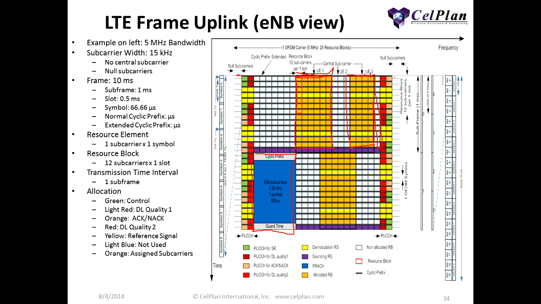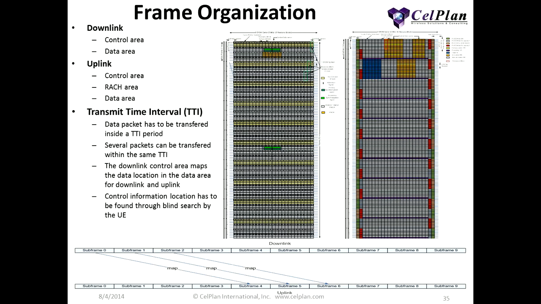And it's a random access area, so the UEs will do a random access, and there may be conflicts. There are orthogonal codes, so many UEs can participate at the same time. But in this area, we will see that 3GPP had to use different criteria than the regular criteria of 15 kilohertz subcarrier spacing.